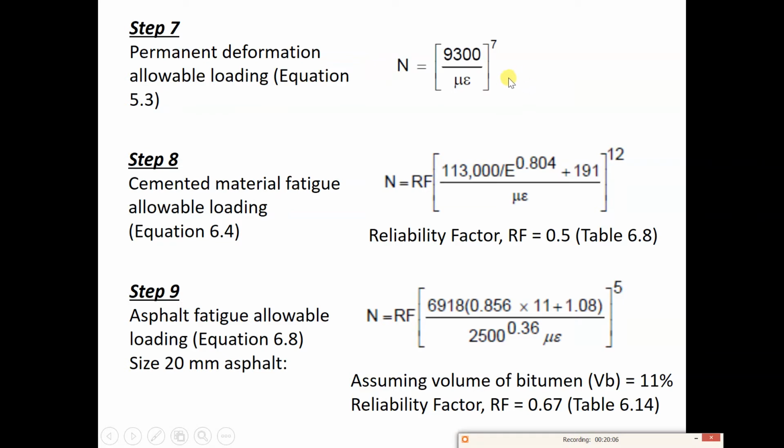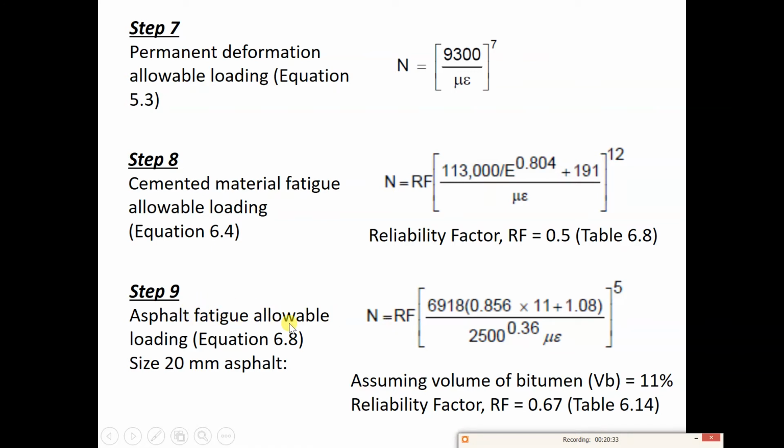This is because there are three types of distress. One is for the permanent deformation, or the subgrade deformation, with this expression to the power of 7. The cemented material is this expression to the power of 12, and we're going to consider a reliability factor equal to 0.5.